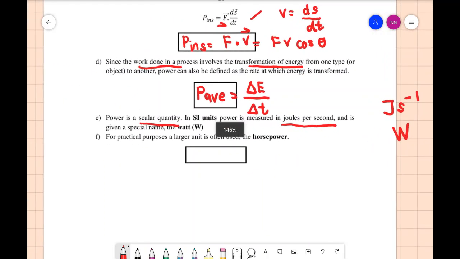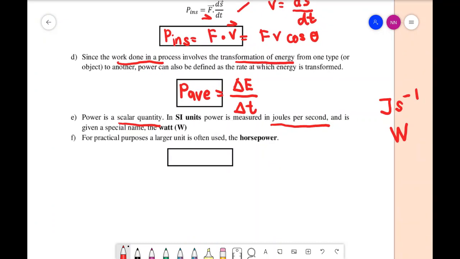For practical purposes, a larger unit often used is the horsepower. Horsepower is not the SI unit for power. The SI unit for power is watt or joule per second. They are equivalent, 1 watt is equivalent to 1 joule per second.